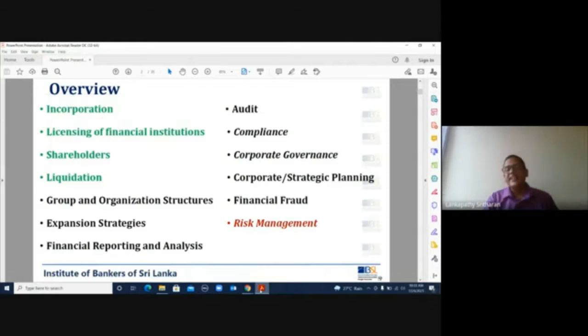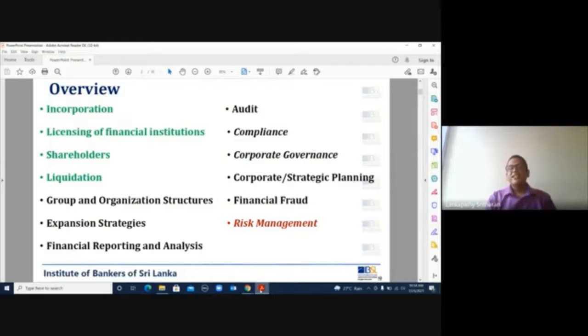So at minimum you can earn 22 marks, and at maximum 44 marks, depending on the structure of the paper. So from an exam point of view, risk management is very important.